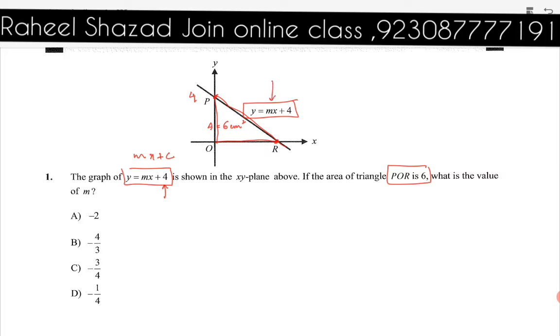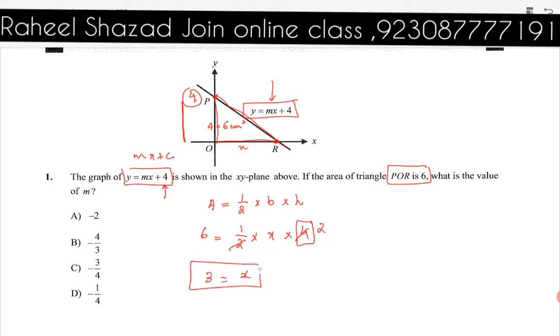Okay, now we need to find the gradient. Guys, we have the perpendicular height but the base is missing. So simply, area is always equal to 1 by 2 into base into height. Now area is 6, that is equal to 1 by 2 into base, which is what we are looking for, into height. Height is 4. Why is height 4? Because its y-intercept is 4, so from 0 to 4 the height is 4. So 2 2s are 4 and 2 3s are 6. Base is 3.